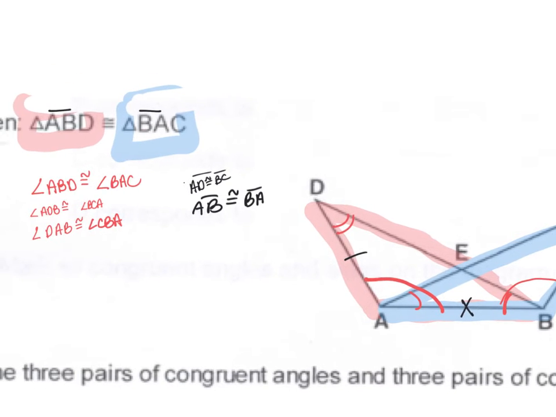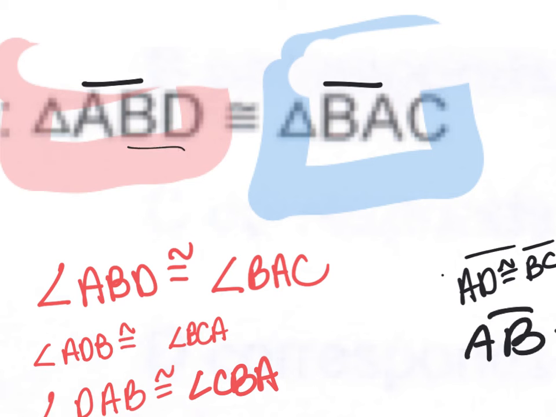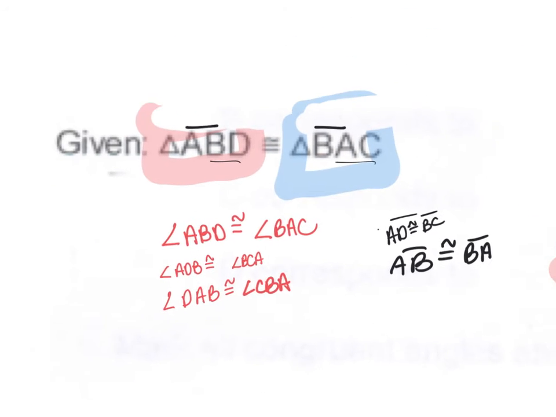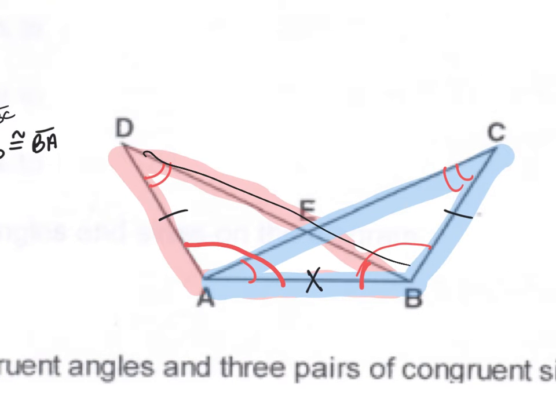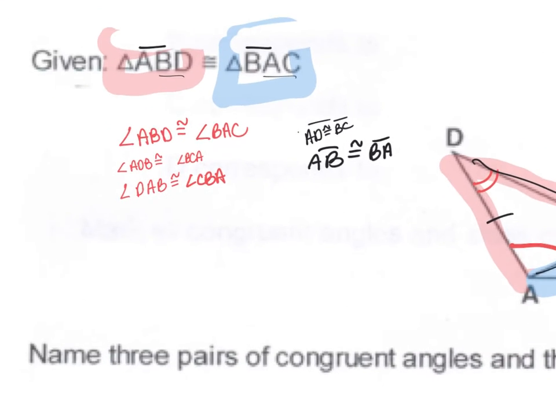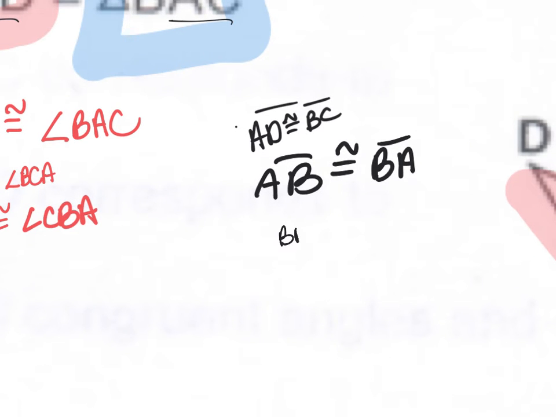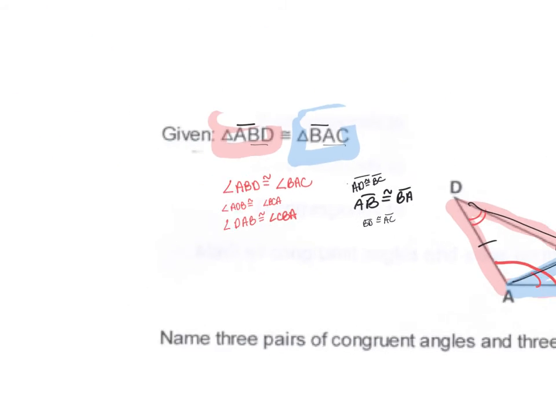And then last but not least, I have BD congruent to AC. So I'm going to mark that. BD congruent to AC. And there's going to be some practice with this on the Desmos.